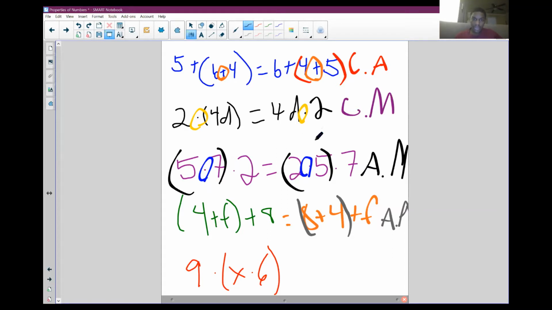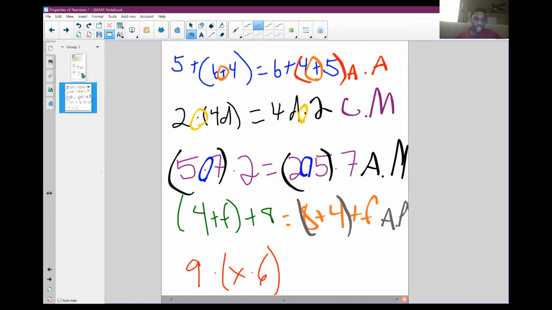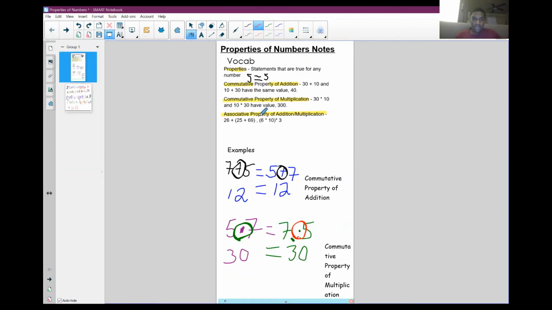And then this will be A as well, because if you look at our notes, associative property of addition, 26 plus that parentheses, 25 plus 69 in parentheses.